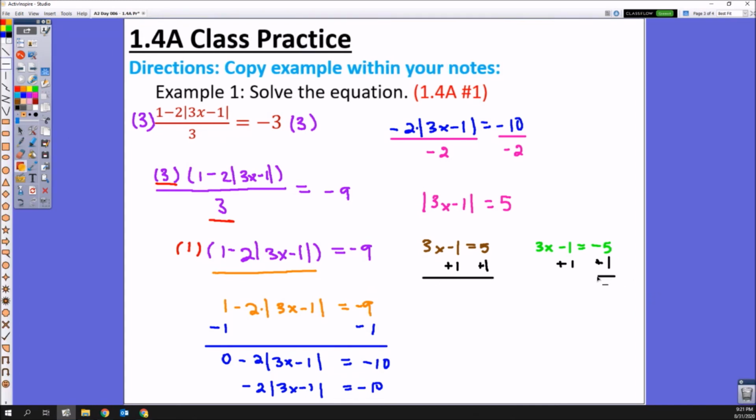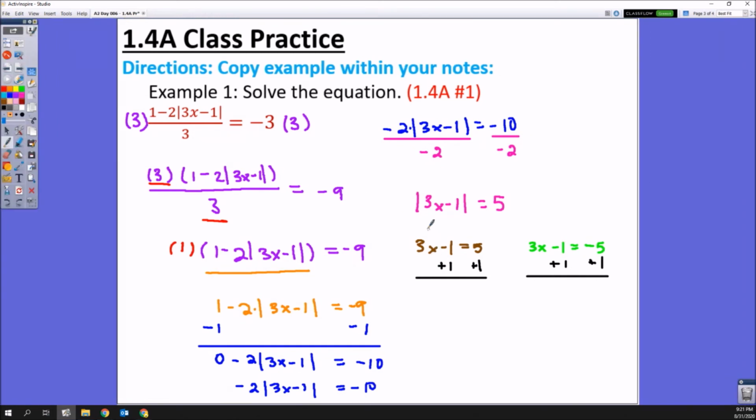So when I'm solving, on the left side of the equal sign is just 3x, then equals positive 5 and positive 1 would be 6. Same thing over here. 3x equals, now negative 5 plus 1, that's going to become negative 4.